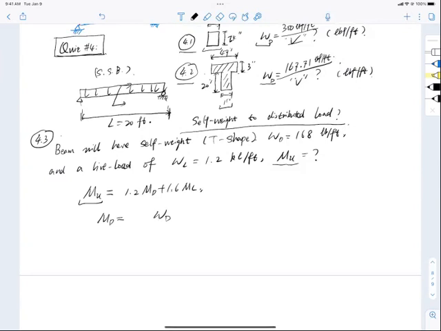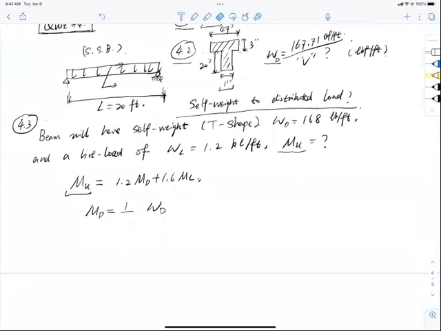Moment in terms of MD would be the distributed load times the distance from center. Do you see my screen here? Right, so 1/8 omega D and the length L squared.